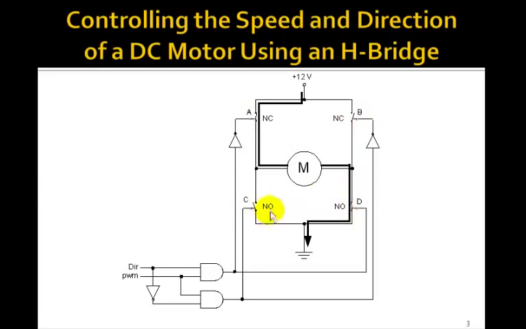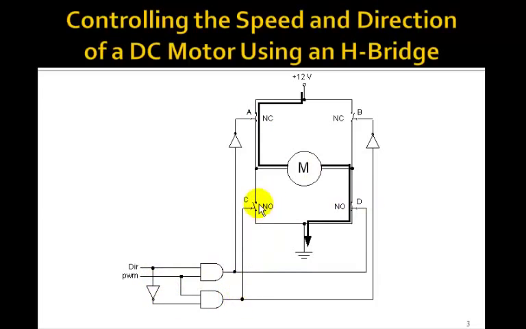These 4 relay symbols would normally be replaced by transistors, but it behaves the same way. So if these 2 are high, this is low, this would be closed. This is high, this is normally open. So that would close this one. So these 2 are closed.